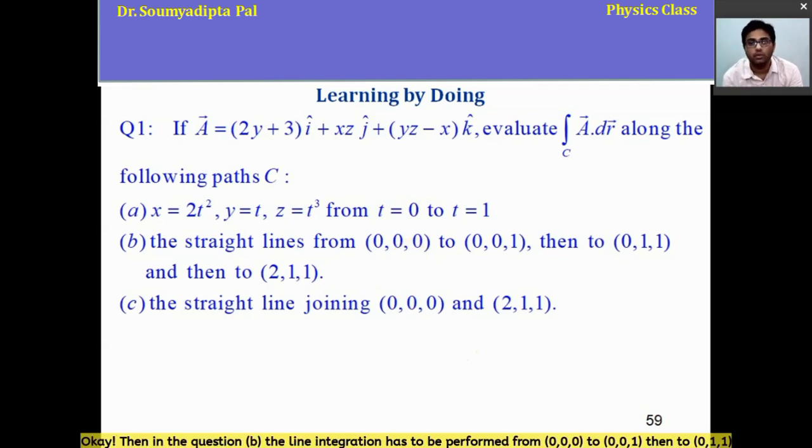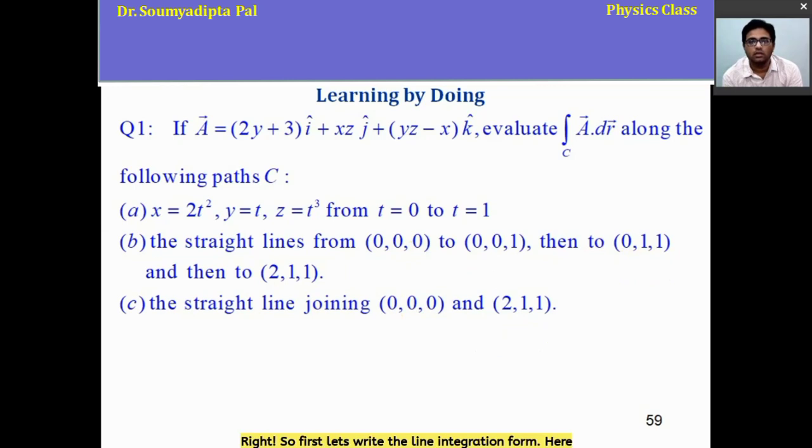Then in question B, the line integration has to be performed from (0, 0, 0) to (0, 0, 1), then to (0, 1, 1) and then to (2, 1, 1). And in question C, the straight line joining the points (0, 0, 0) and (2, 1, 1).